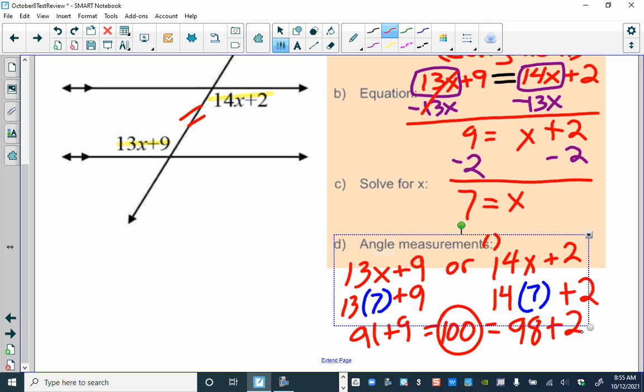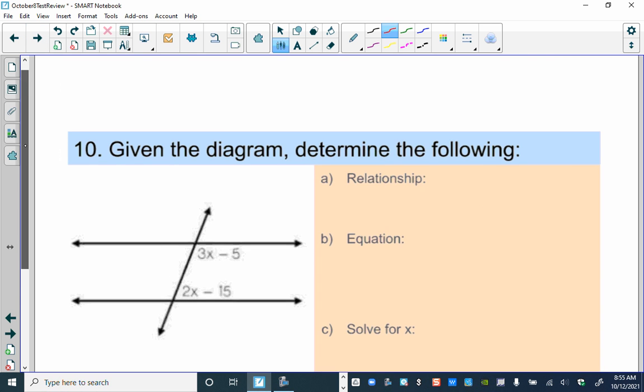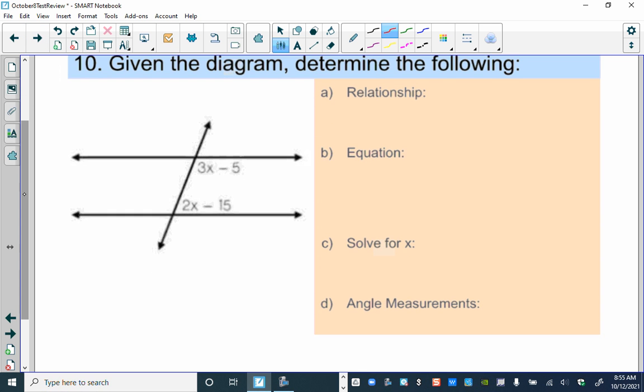All right. This next one, number 10. Look at our 2 angles here. Could you tell us the relationship of those 2 angles?